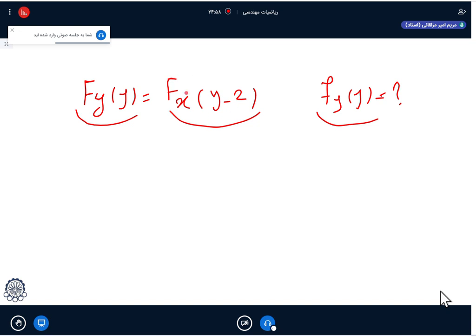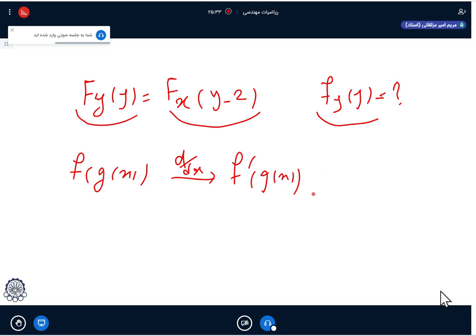But how can we compute the derivative of this function? Please pay attention that when we have a composite of functions, assume that we have f(g(x)), and we want to compute the derivative of this function. It is equal to f prime of g(x) times g prime of x.